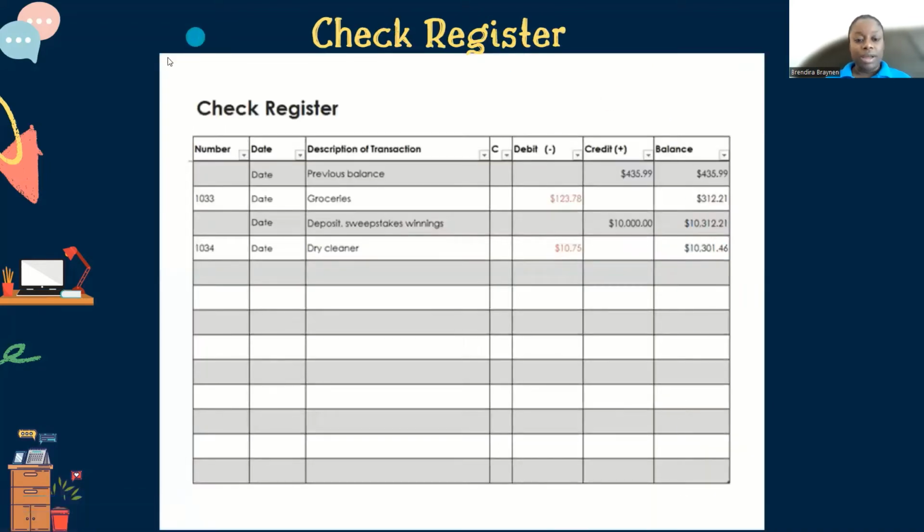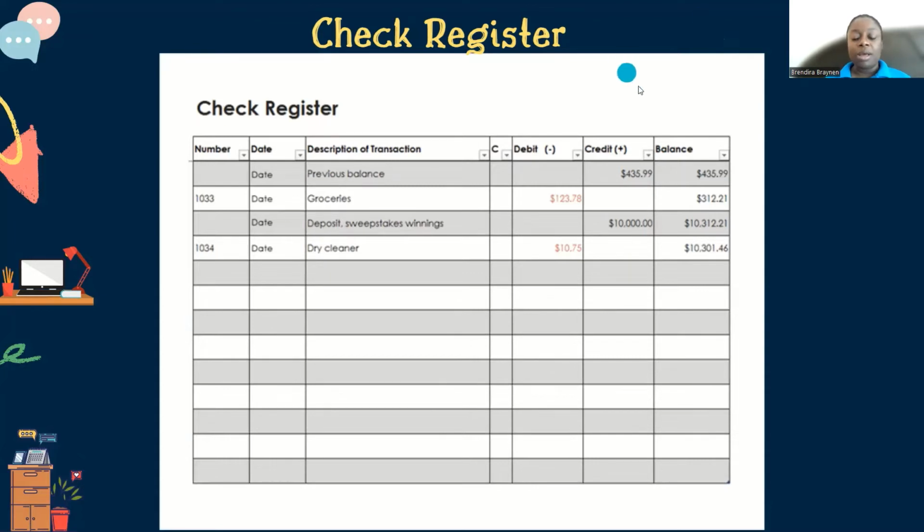We have a check register, which I talked about in the previous topic. And this is something that's prepared by your accounts department that keeps a register or a listing of the balance in the checking account. Because of course, if you're not keeping track of what's in your checking account, you're not going to know if you can write a check for $1,000, or you might not be aware that you only have $600 in your bank account if you're just writing checks and not keeping track of checks you're writing and deposits you're making.